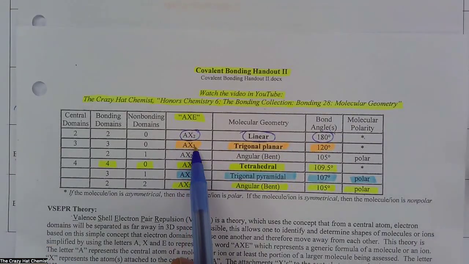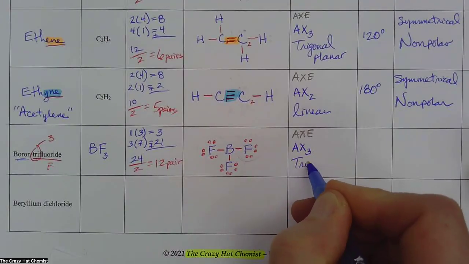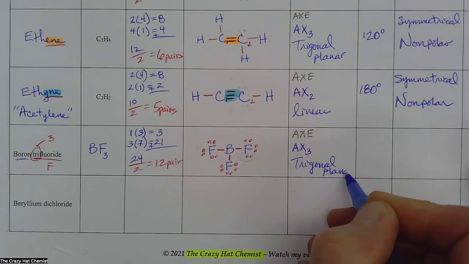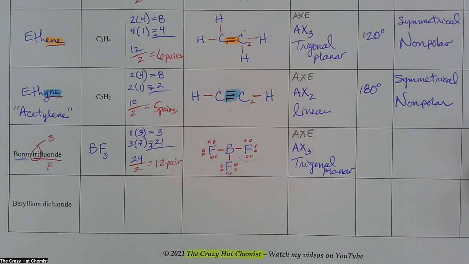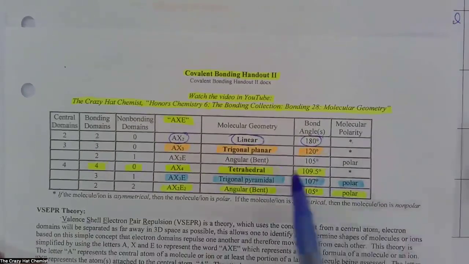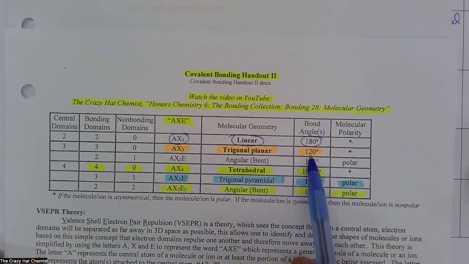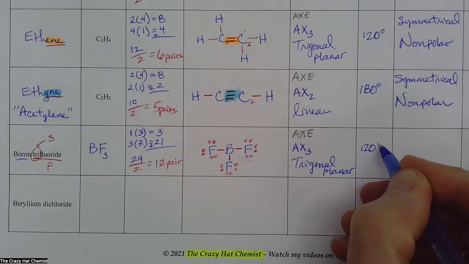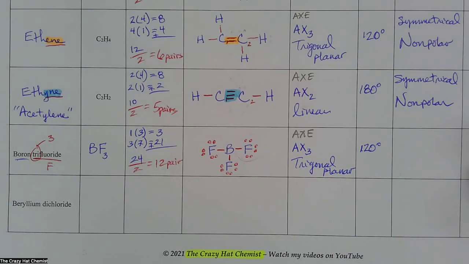That is AX3, which is trigonal planar, and AX3 trigonal planar has 120 degree bond angles. All right, now we're going to build the model and go from there.